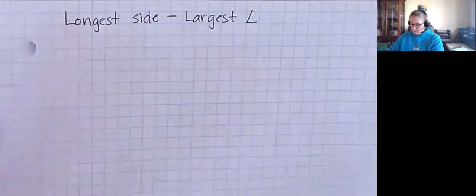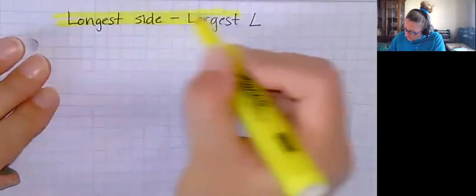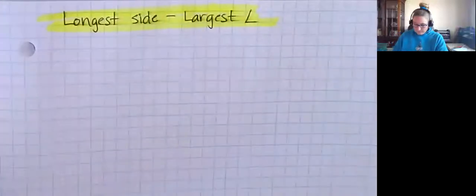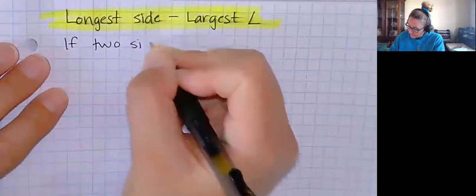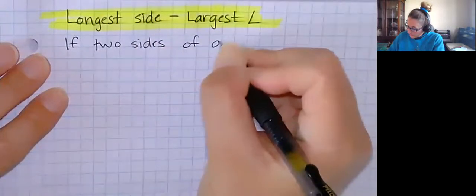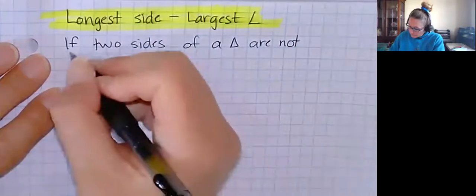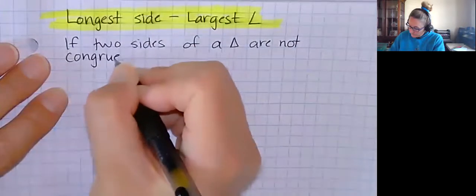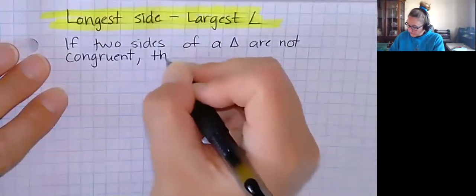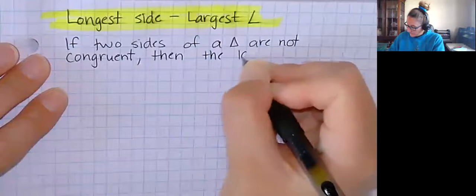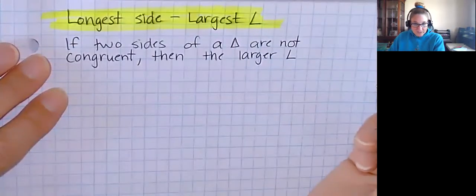For this one, if two sides of a triangle are not congruent, then the larger angle is opposite the longer side.